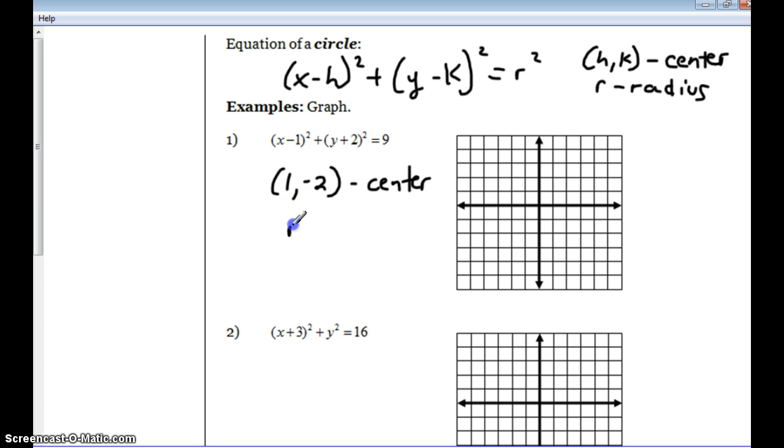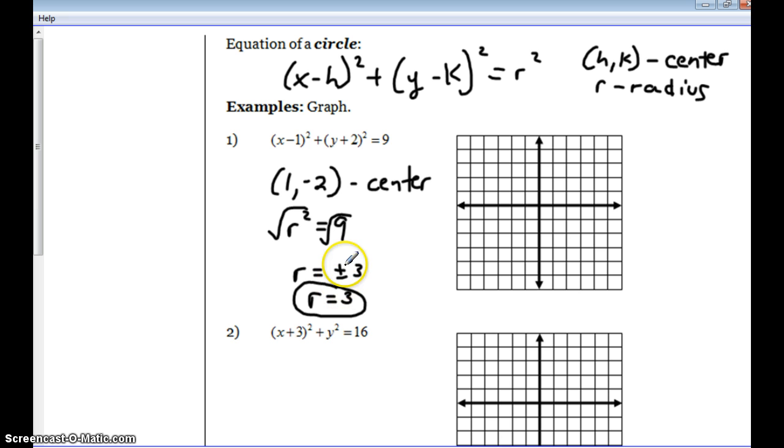Our radius would be 3 because r squared is 9, so we take the square root of both sides, and the radius would be plus or minus 3, but because distance is always positive, our radius is 3.